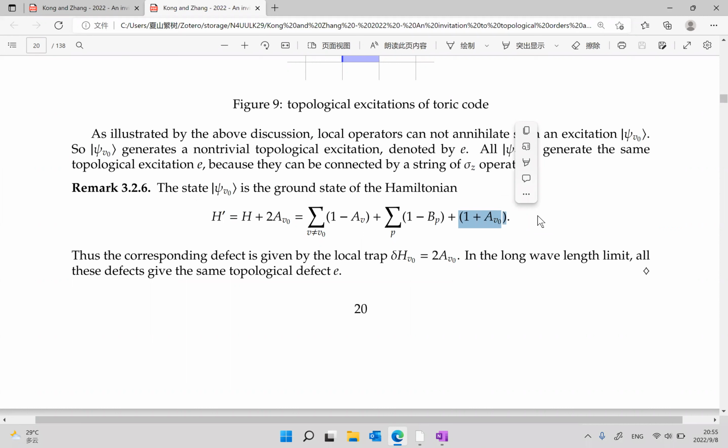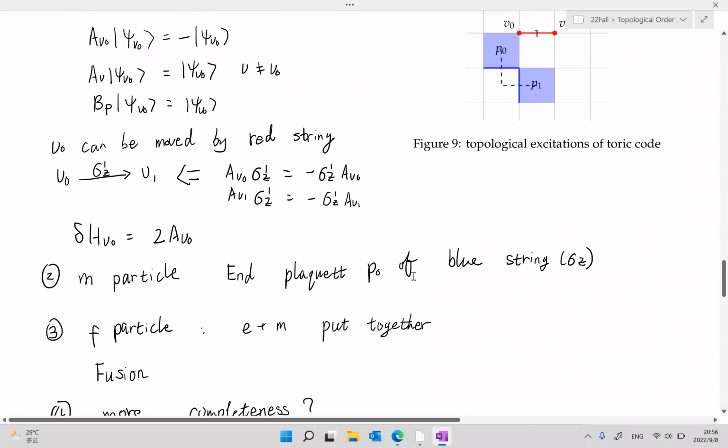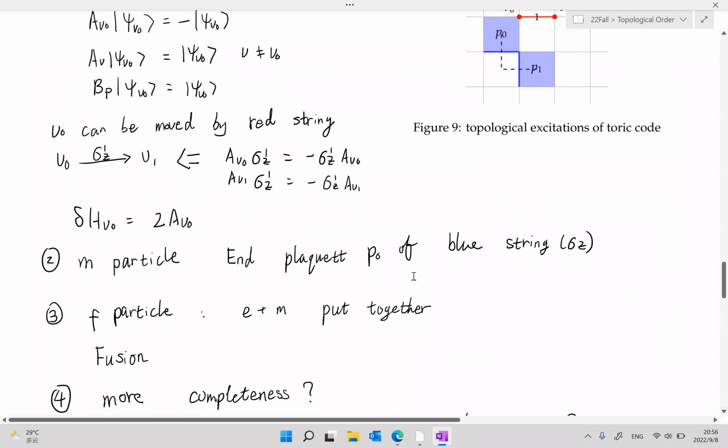So if you just consider the model locally, it's the argument that we said just now. So locally we have a 2 A_V0.